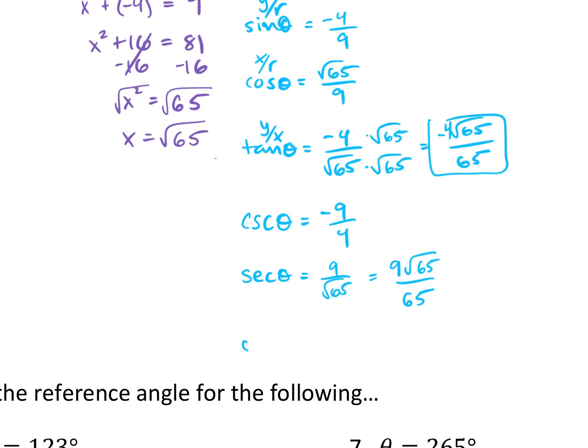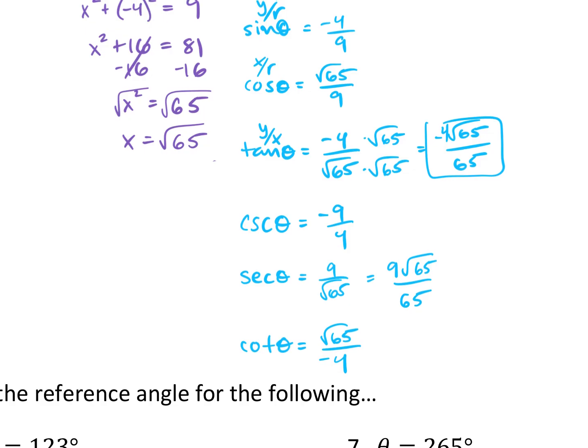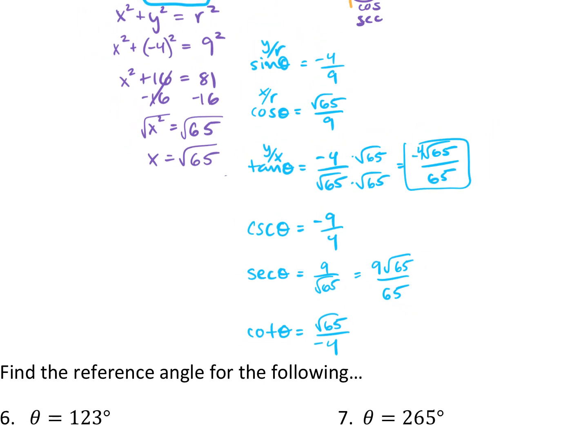And then cotangent goes with tangent. So here we would get square root 65 over negative 4. So these are the 6 trig functions. On the quiz, it may just ask for 1 or 2 or 3. So just pay attention to what it's asking for.